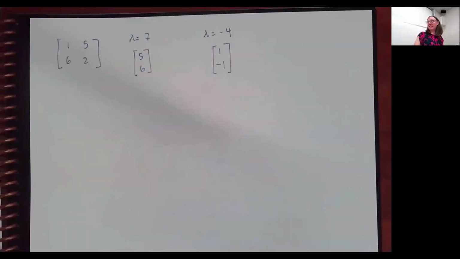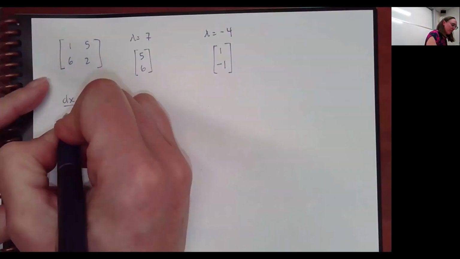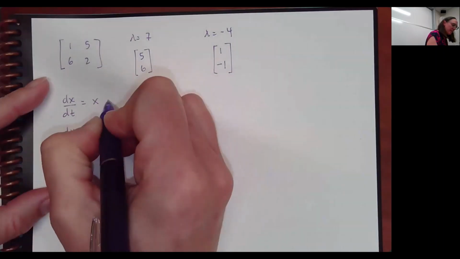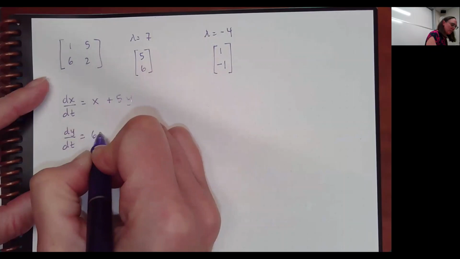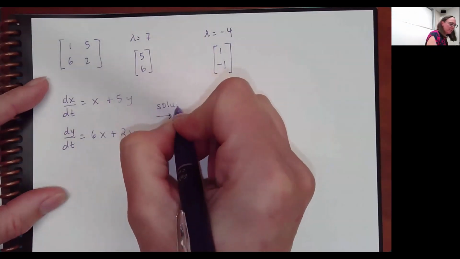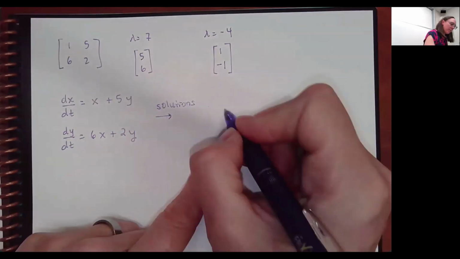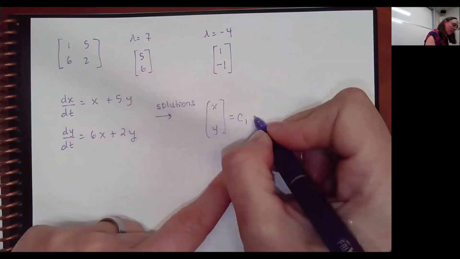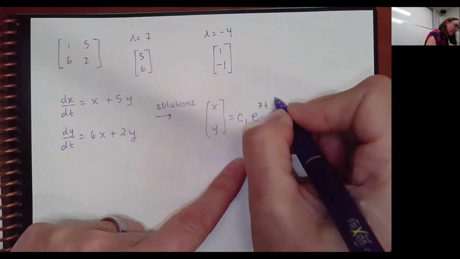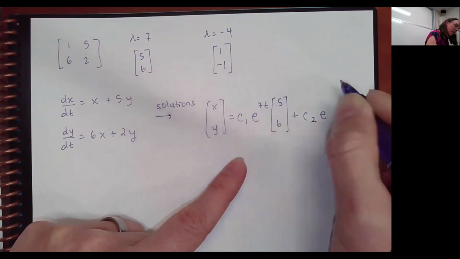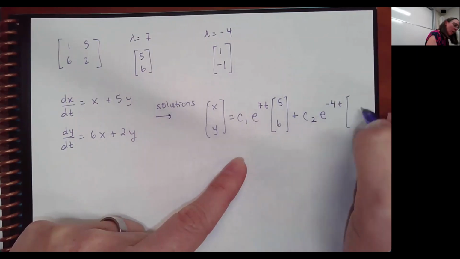So if I started off with the system of differential equations x plus 5y, 6x plus 2y, then the solutions to this look like C1 e to the 7t times (5, 6) plus C2 e to the -4t times (1, -1).